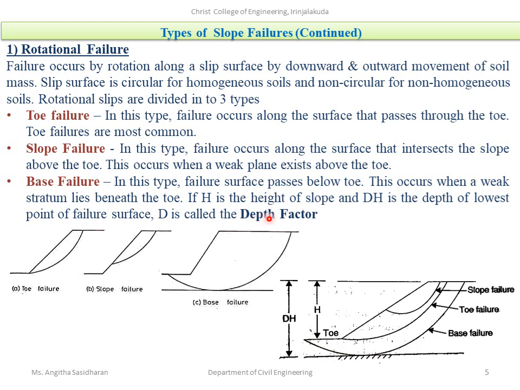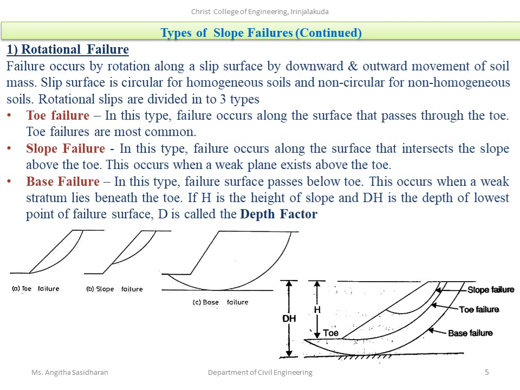And one more thing is the depth factor. If h is the height of slope and dh is the depth of lowest point of failure surface, then d is called depth factor. So if you are considering the base failure in this figure, if h is the height of slope, isn't it? This is the height of slope.